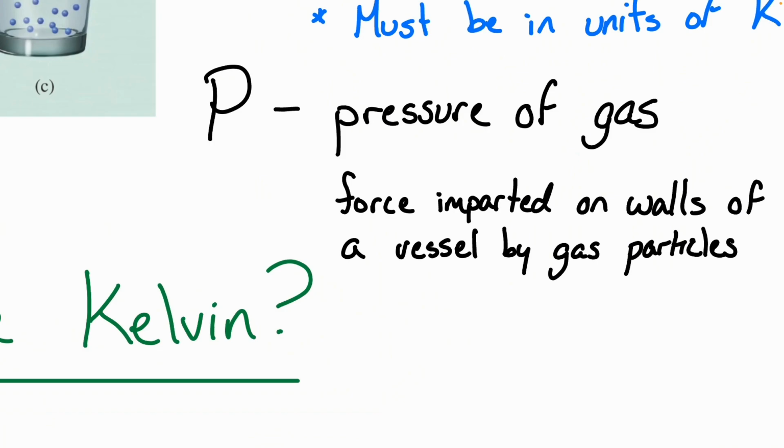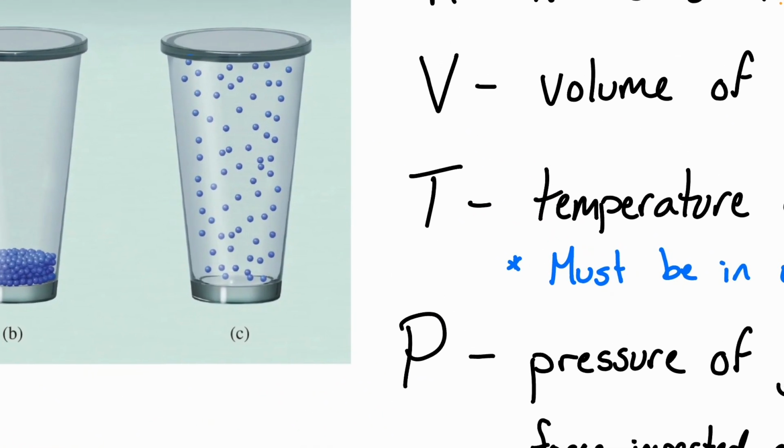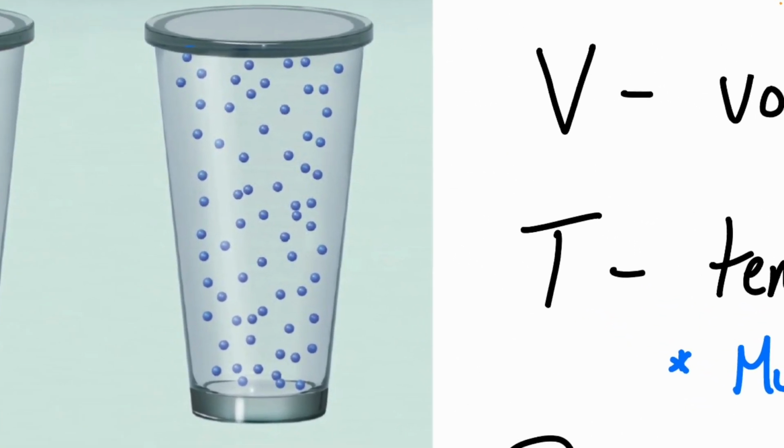Okay, so what the heck does that mean? So gases are all traveling around randomly, right? All of these things are spread out. In this picture here, it looks like they're frozen. Of course, that's not the case.